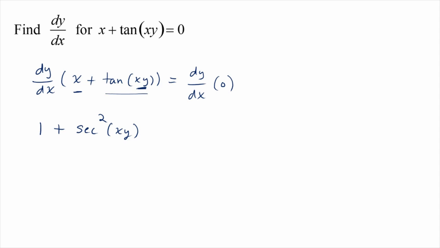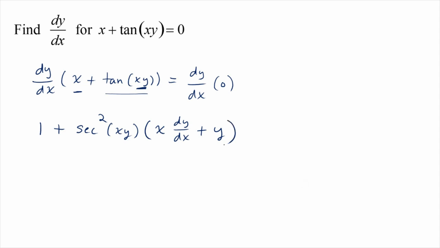So here we go with times derivative of that product, so we'll have times first function x times the derivative of y with respect to x, so that's dy/dx, plus the second function y times derivative of the first function, which is x with respect to x, so it's just multiplying by 1.